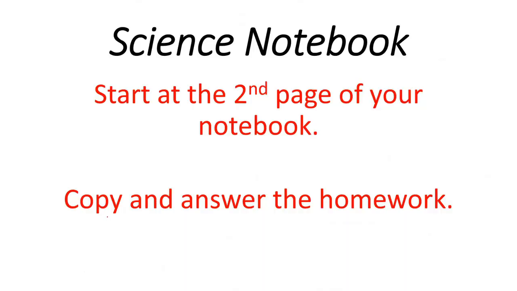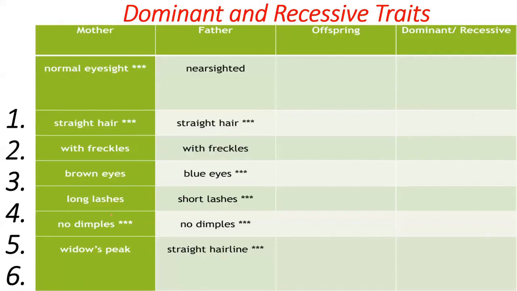So I'll be giving you this one as your homework. In your notebook, I want you to skip the first page and start on the second page, and copy and answer the homework. For your homework, it's simple. This symbol here, these are your recessive traits. And without this one, that is your dominant trait. For example, you got a trait from the mother who has normal eyesight, and you got a trait that is nearsighted from the father.